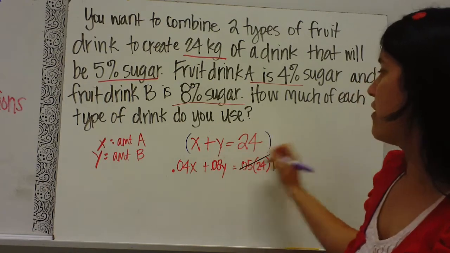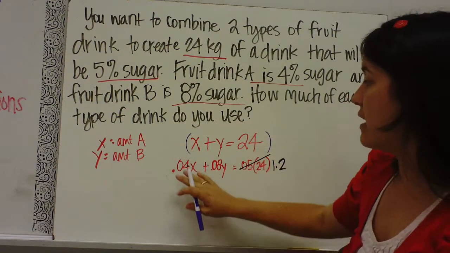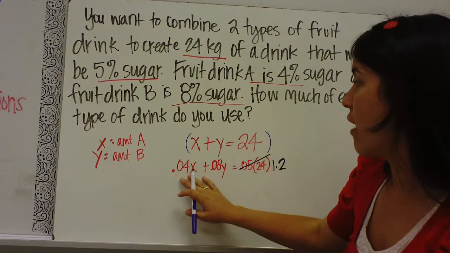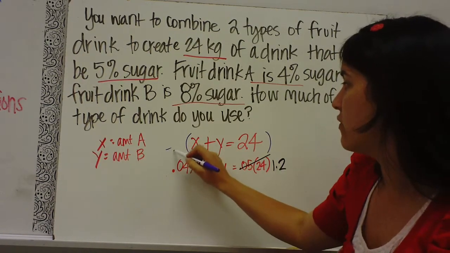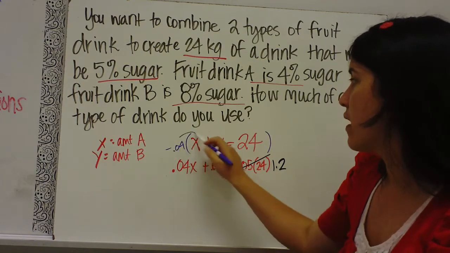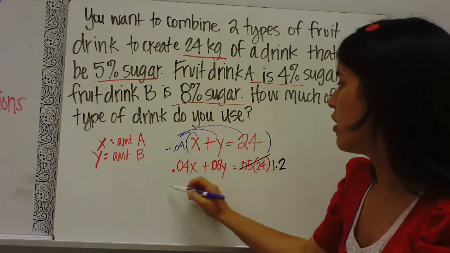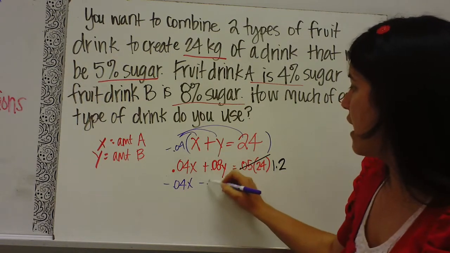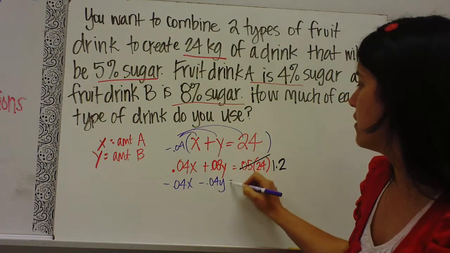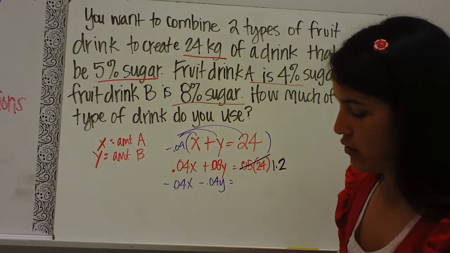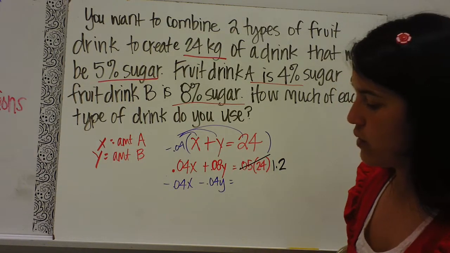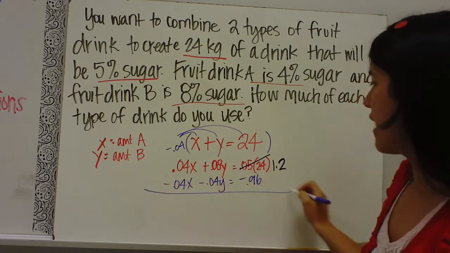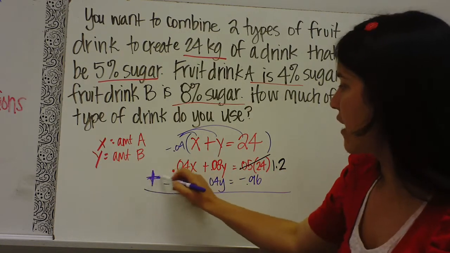I'm going to multiply this whole top equation, and you can choose to eliminate the x's or y's. I'm just going to eliminate the x's. So I'm going to multiply it by negative 0.04, and distribute it all the way across. So I get negative 0.04x, negative 0.04y, and negative 0.04 times 24, negative 0.96. Now I'm going to add these together.